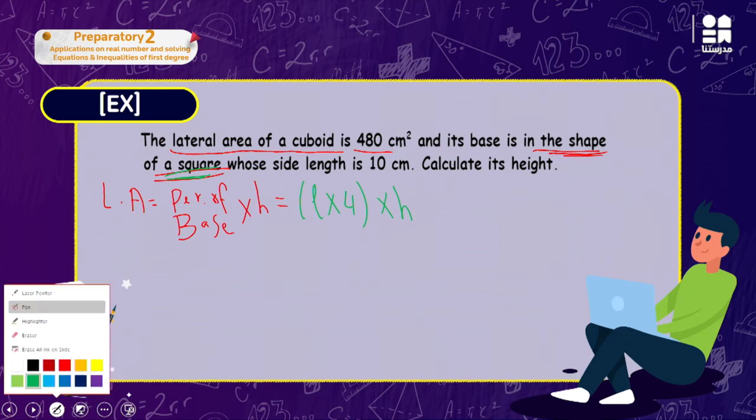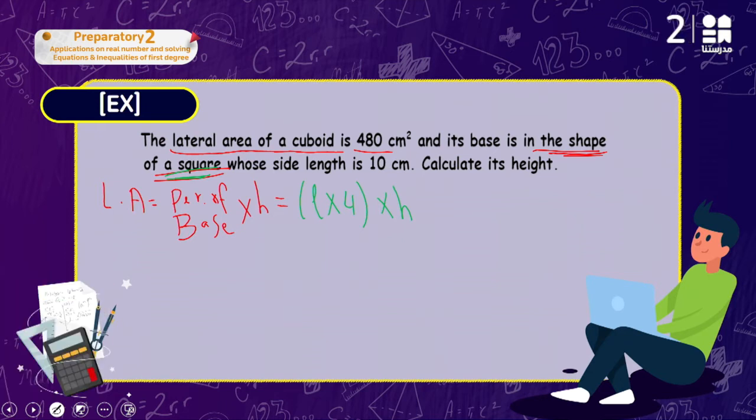طيب نكمل يلا بينا نكمل. So all of this equals 480 centimeters squared. So the side length is what? It's 10, the given. So أقدر أقول هنا 10 multiplied by 4 multiplied by height equals 480. Is it clear? So 10 multiplied by 4 is what?